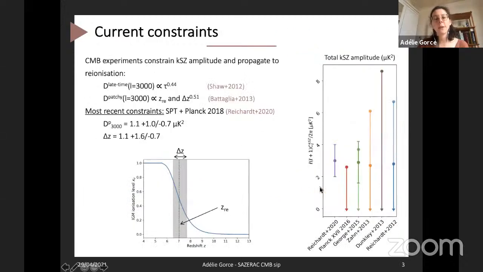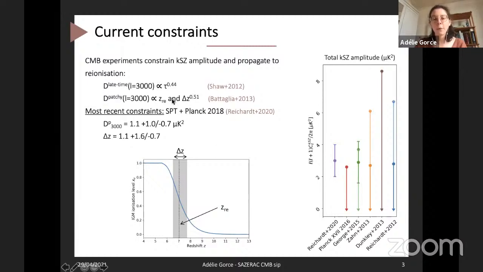With this, you can then interpret the constraint you get on the amplitude at L equals 3000 in terms of reionization scenarios, because you have scalings, for example, that give you the midpoint of reionization, so the redshift where 50% of the IGM is ionized, and the duration of reionization in terms of this parameter here.